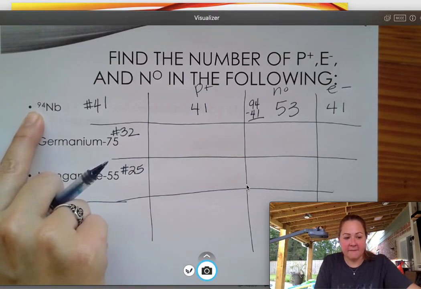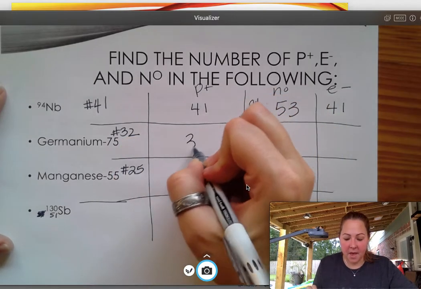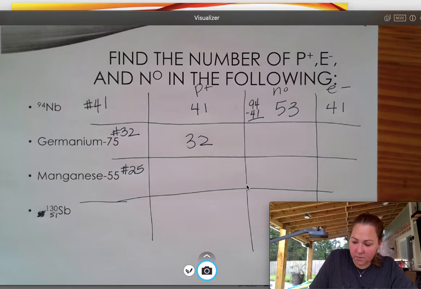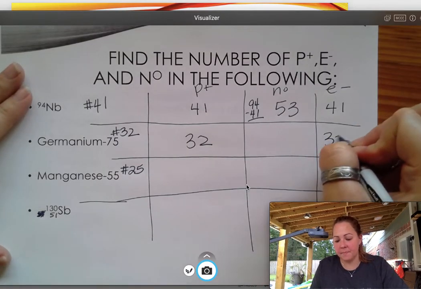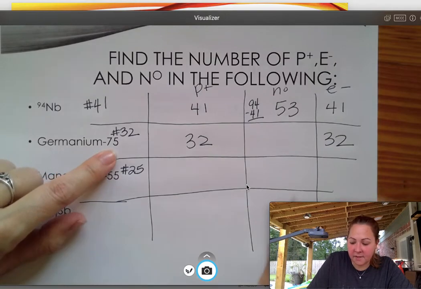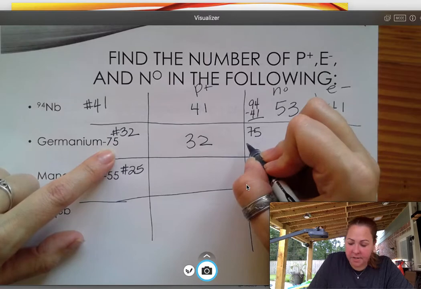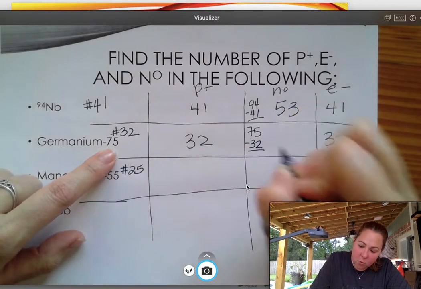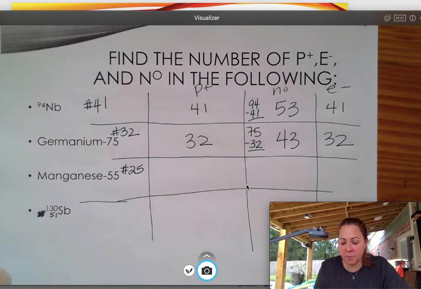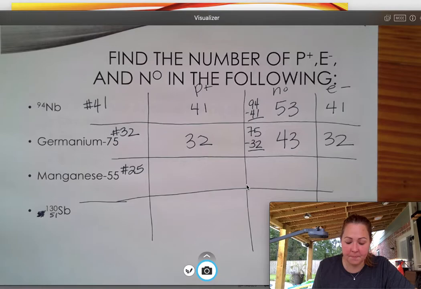Germanium 75, I have 32 protons. If I have 32 protons, I also have 32 electrons. Now for my neutrons, I'm going to take the mass number that's given, 75, minus 32 protons. That's going to give me 43 neutrons. So in this particular isotope of germanium, we know the exact number of neutrons, which is 43.